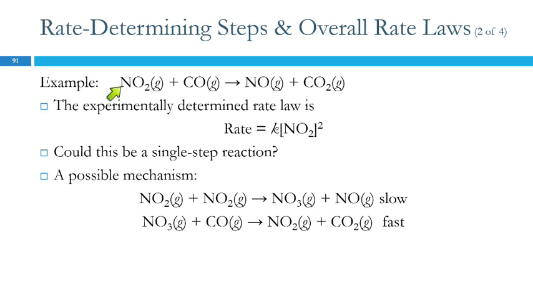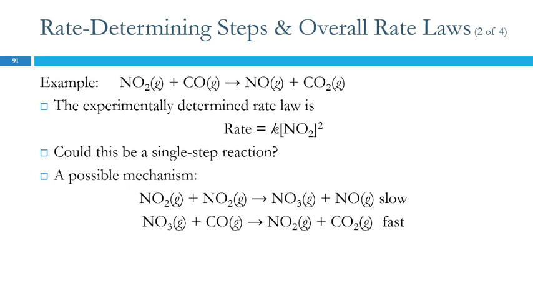So let's look at this chemical equation. The experimentally determined rate law is this. Why is NO2 squared? Because that's what the data showed. Why is CO not in here?